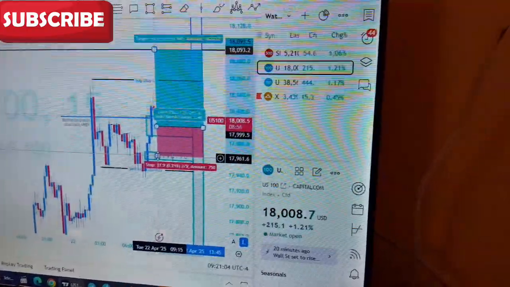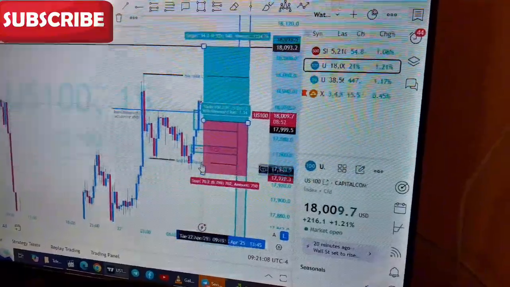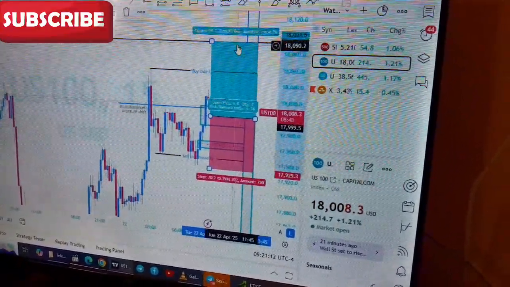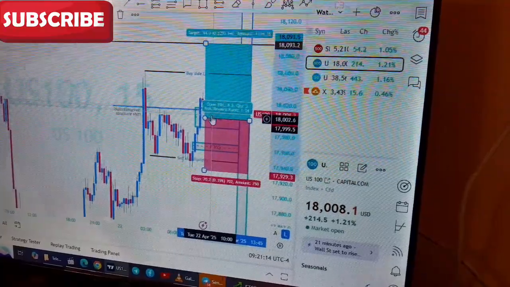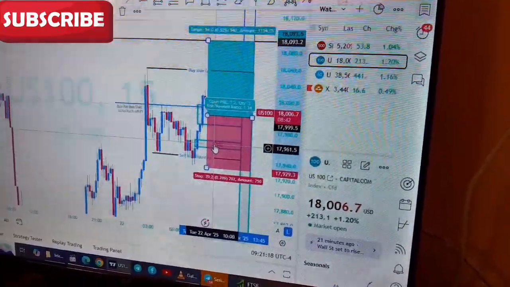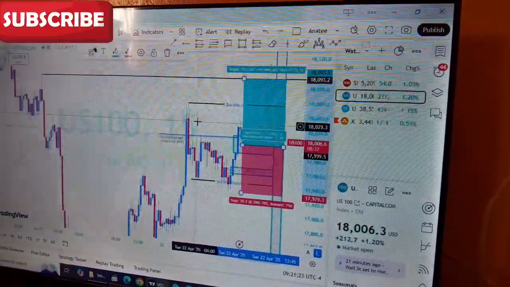I feel like the market will come and pin on that FVG, then continue with the initial direction. I'm just going to enter two trades over here, then enter two trades over here via orders. So, wait and see. Let's see what the market will do, man.